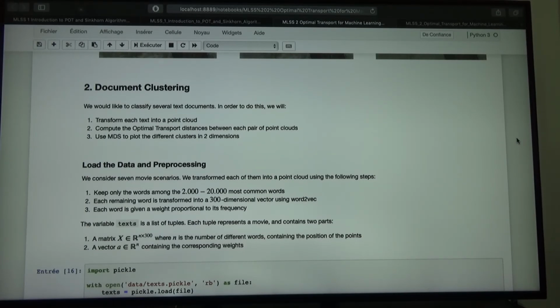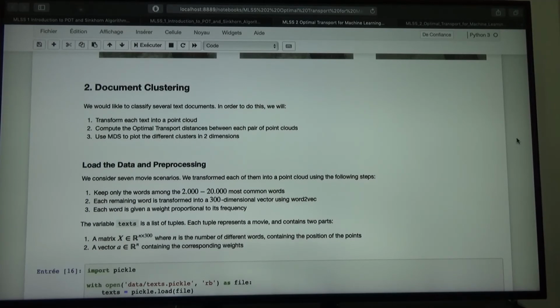If a word is very frequent in a text, it means that this word really means something in this text, so we should give more mass to this word. So we take non-uniform weights, proportional to the frequency of the words. Now we have a point cloud and weights, so we can compute the Wasserstein distance.